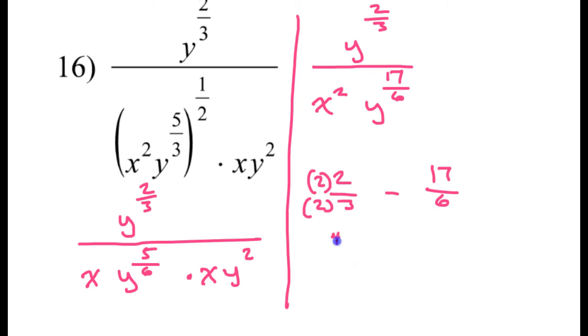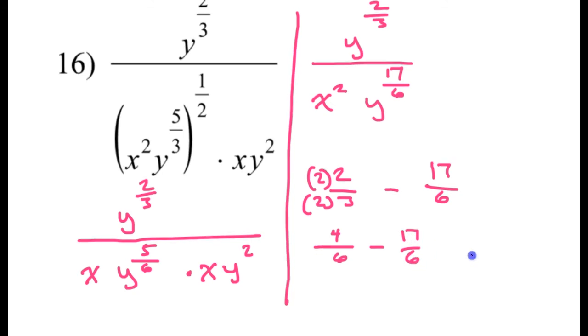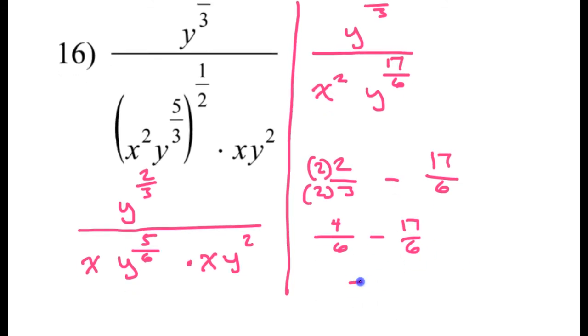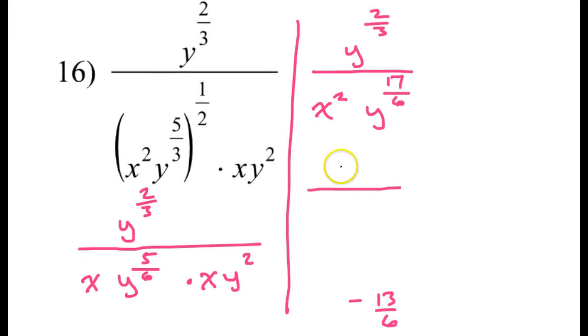So that's going to be 4/6 minus 17/6. So that's going to be negative 13/6. So that means I have y to the negative 13/6 power. Alright, so those are together now. And that's over x squared. I'm just going to leave that where it is.